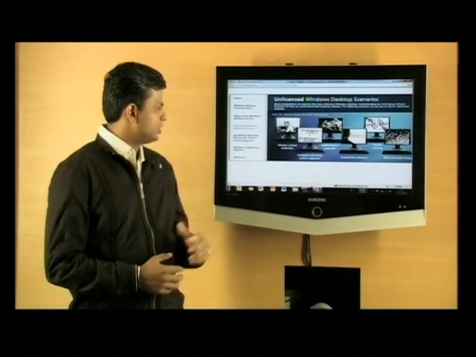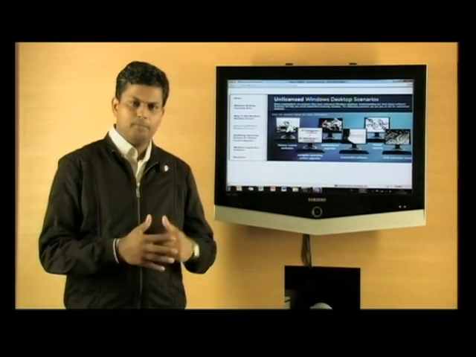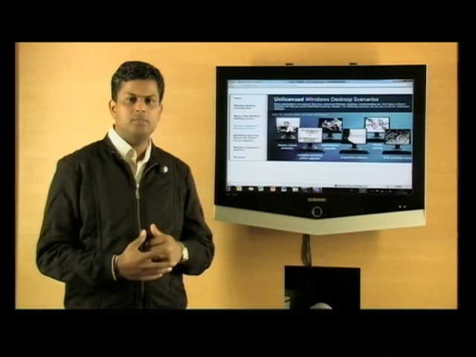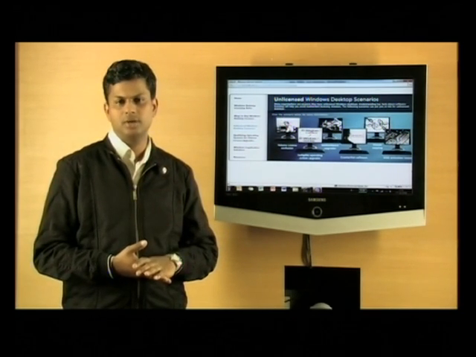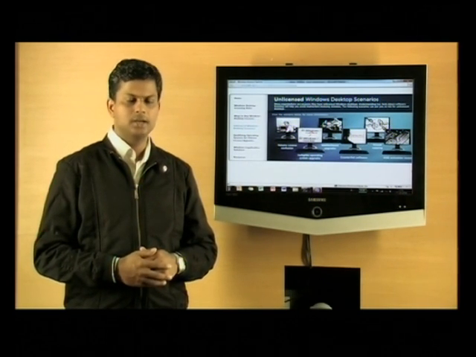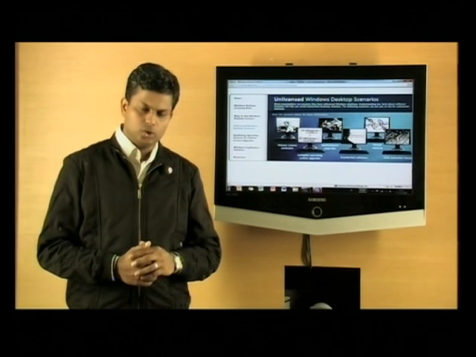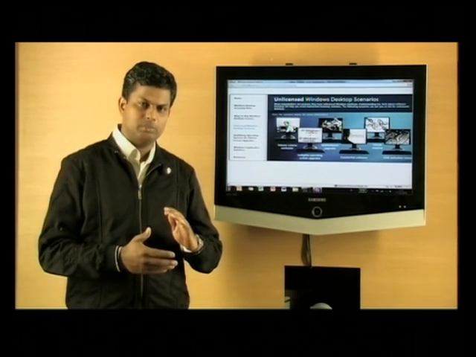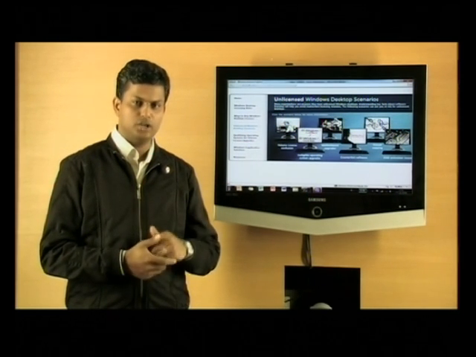So the first is around this whole concept of volume licensing and the confusion that prevails around it. In my previous introduction, I had talked a little bit about having a base OS or a full operating system license before you could go and procure a volume license upgrade. So volume license is only for upgrades, and customers typically try and install a volume license on a new machine.